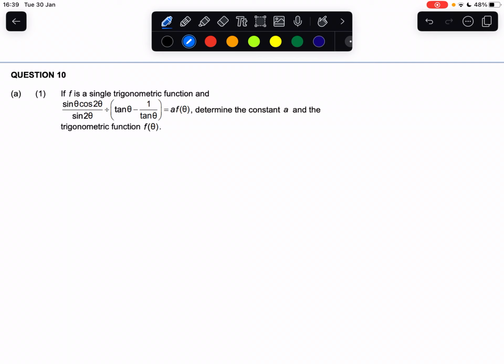The first thing that I want to simplify is this, almost because I feel like I immediately have a sense of what I need to do. The rest of the expression is in terms of sines and cosines, so that makes me want to get this into a sine and cos expression as well, because I know that we have that very nifty identity that tan theta is the same as sine theta over cos theta.